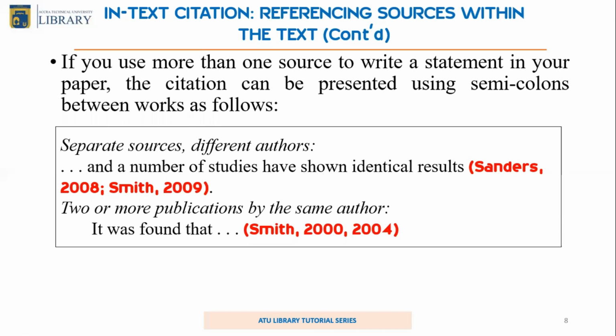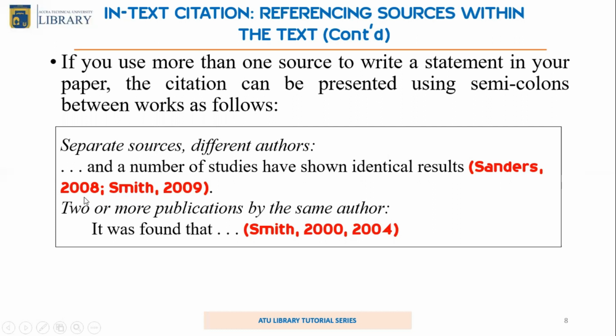And so we have to acknowledge these materials. However, it's not only a single material, but 2 or more. How do you do that when it comes to the in-text citation? So we use semicolons between the works. And that is an example illustrated over here.